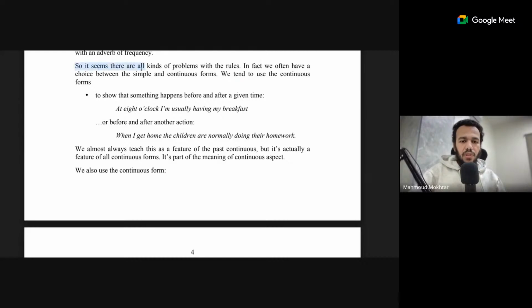So it seems there are all kinds of problems in the rules. In fact, we often have... Okay. It shows that something happens before and after a given time.